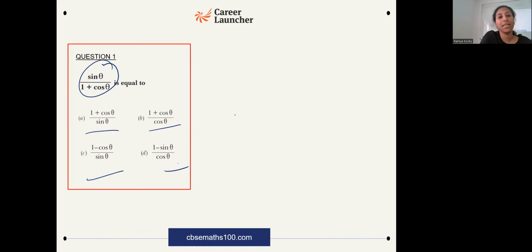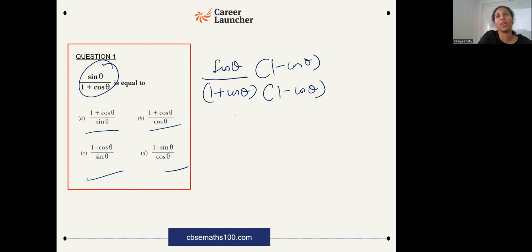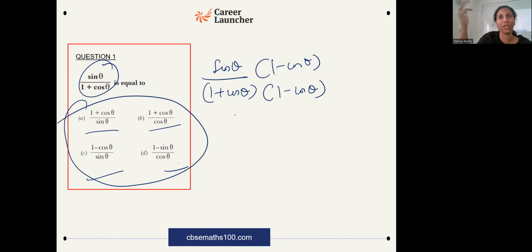Over here, what we will do is, if I'm having sine theta by 1 plus cos theta, you multiply numerator and denominator by the conjugate of the denominator. So you have into 1 minus cos theta into 1 minus cos theta. You can see from the options you're getting a clue what you're supposed to do.